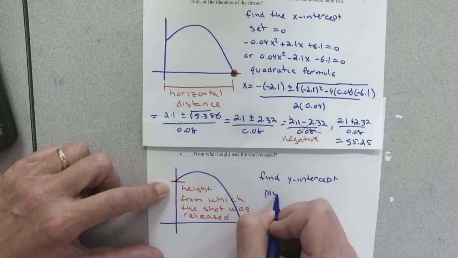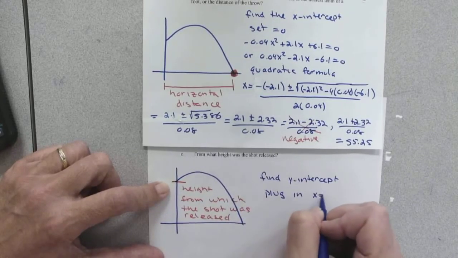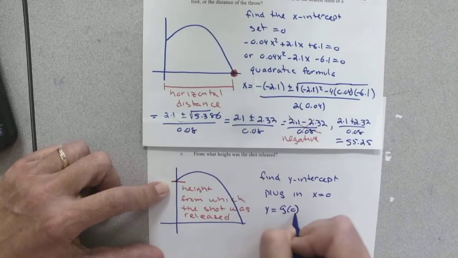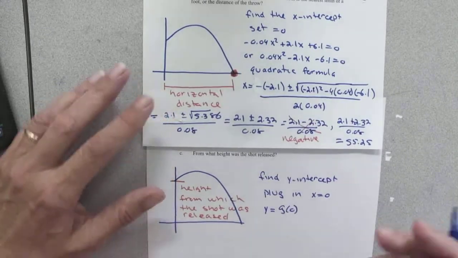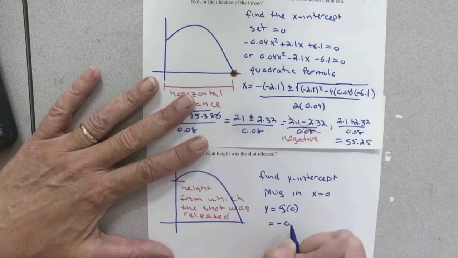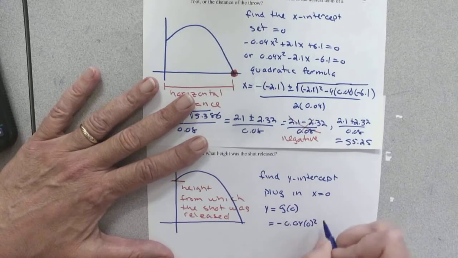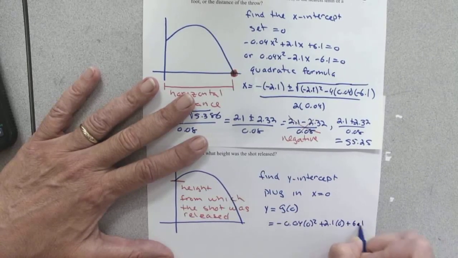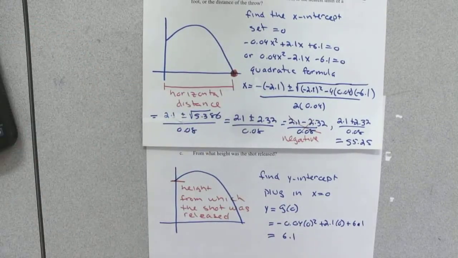And so as always, plug in x equals 0. So y equals, I think they called it g of 0, which would be negative 0.04 times 0 squared plus 2.1 times 0 plus 6.1, and I get 6.1.